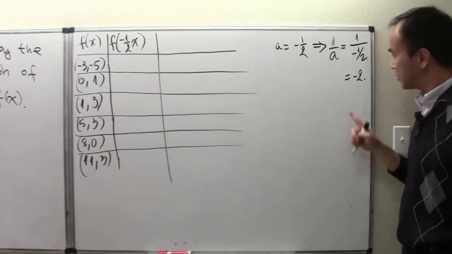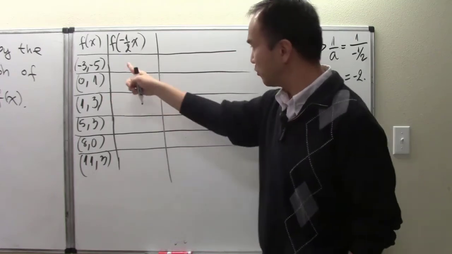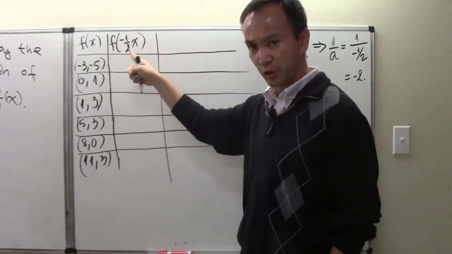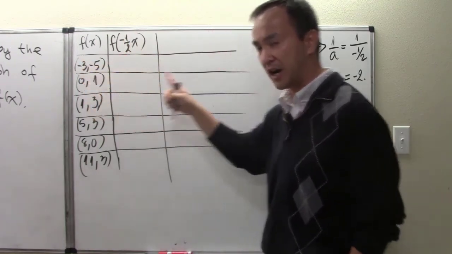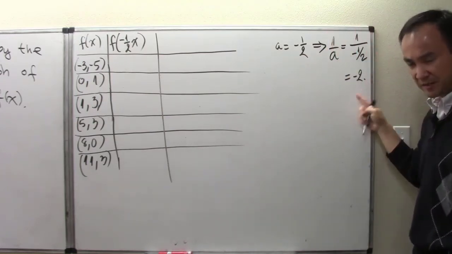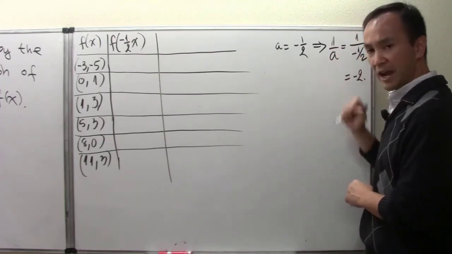Okay, and so in that case, now back to that advice, when we're applying that horizontal scaling, then we're going to multiply every x value by 1 over a, which is negative 2 in this case. All right, every x value is multiplied by 1 over a.